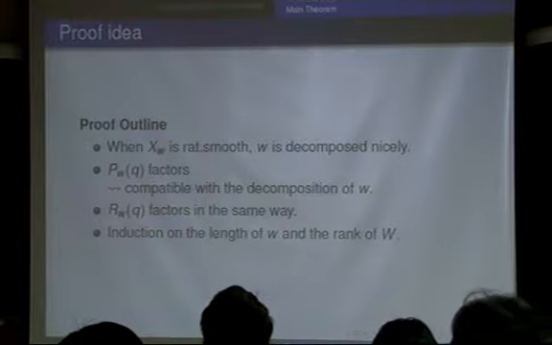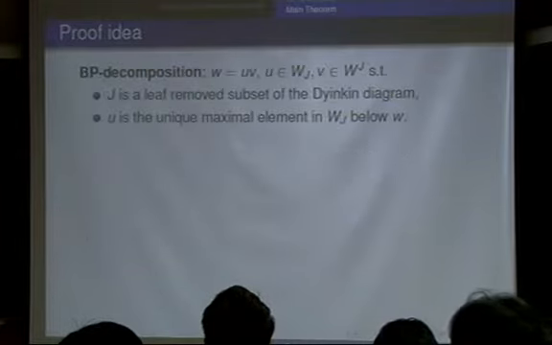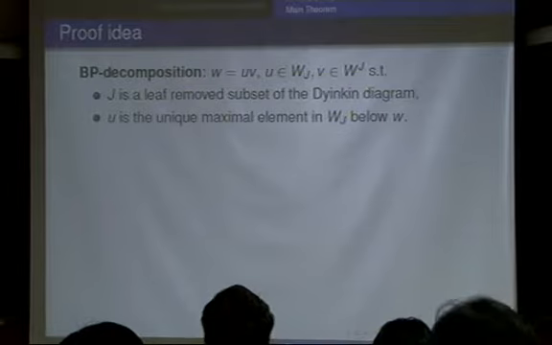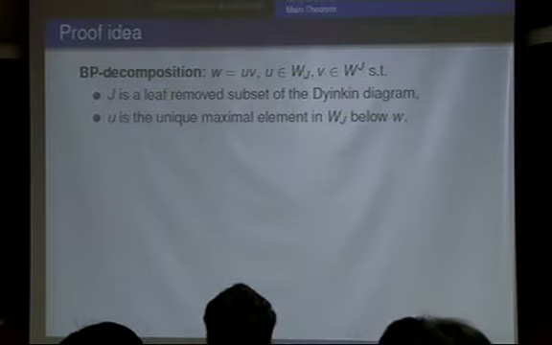And we show that this region polynomial also factors in the same way. So we can use induction. That decomposition is called BP decomposition. It's Billey and Postnikov. It's a kind of parabolic decomposition.